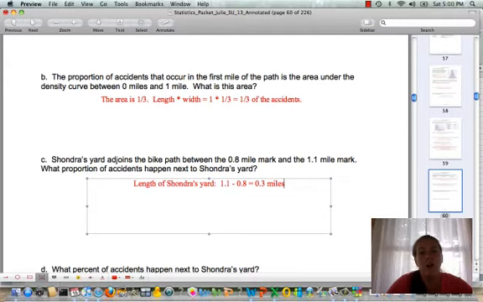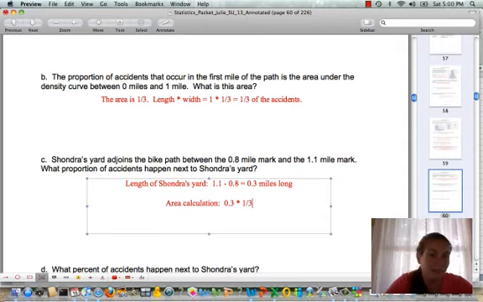So Chandra's Yard is 0.3 miles long. So she has a pretty long yard there. And then the proportion that happened next to Chandra's Yard is going to be the area calculation. So we know that the length of Chandra's Yard is 0.3 miles times 1/3 of the accidents happen every mile.